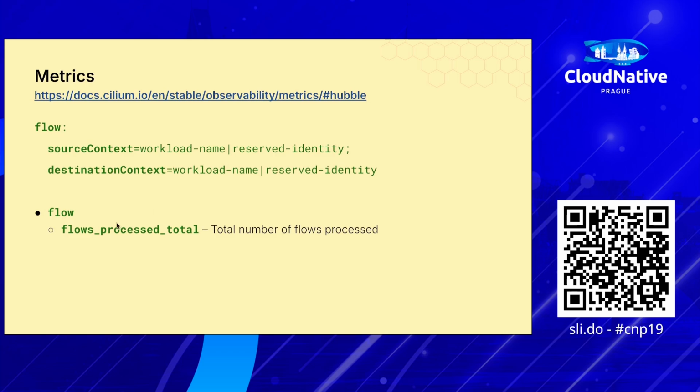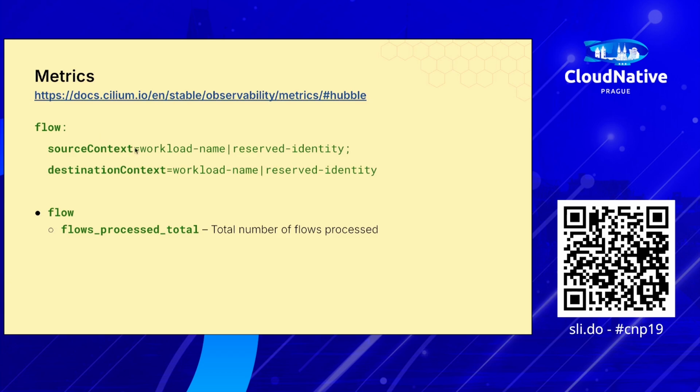So we have the flow information exposed, which exposes the flows processed total metric, which is a total number of flows. But then within this metric, we can configure different types of context labels to have all the context about those flows exposed in the metric.